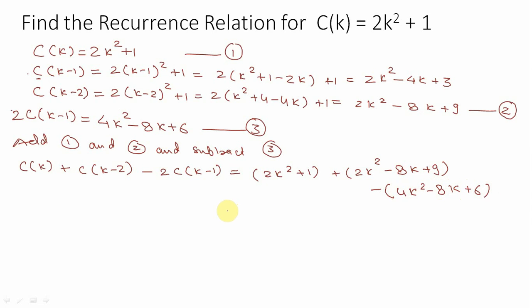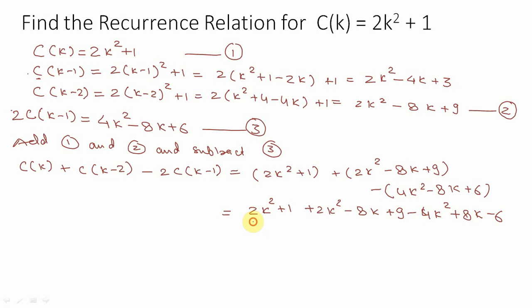Let's solve the right hand side. I get 2k square plus 1 plus 2k square minus 8k plus 9 minus 4k square plus 8k minus 6.